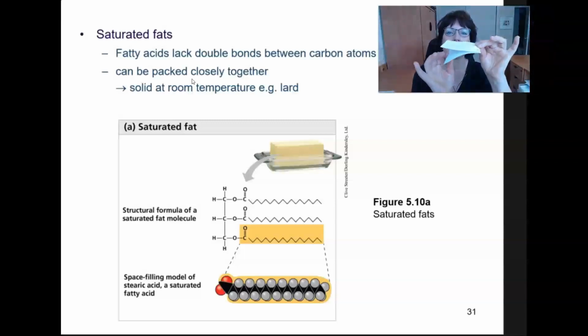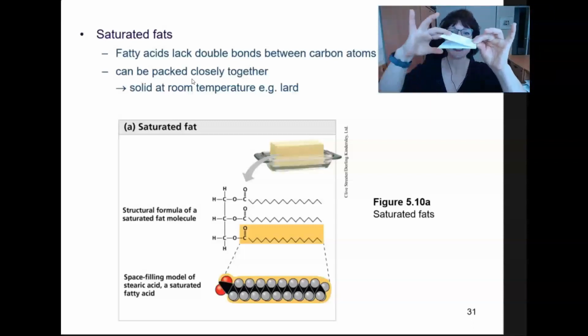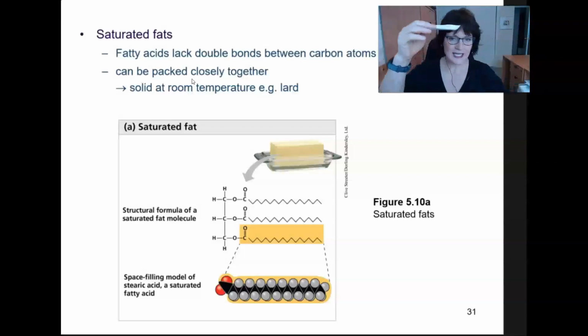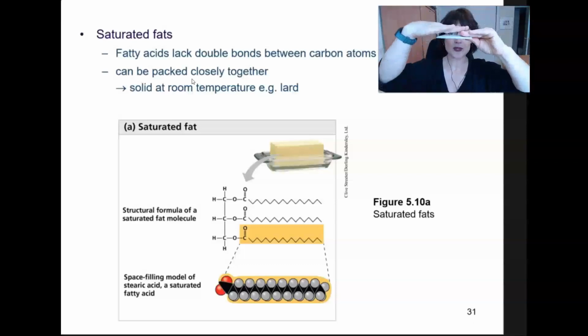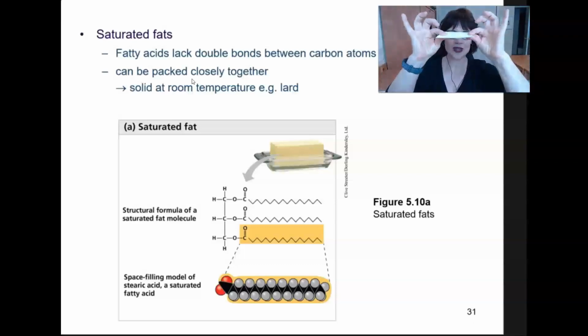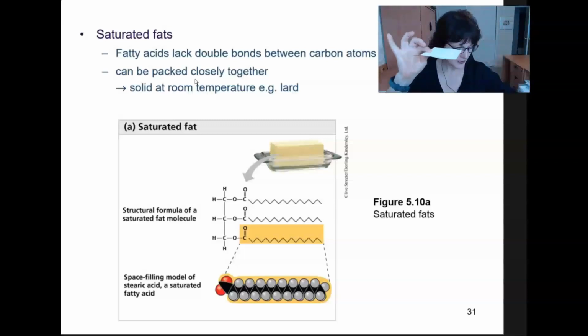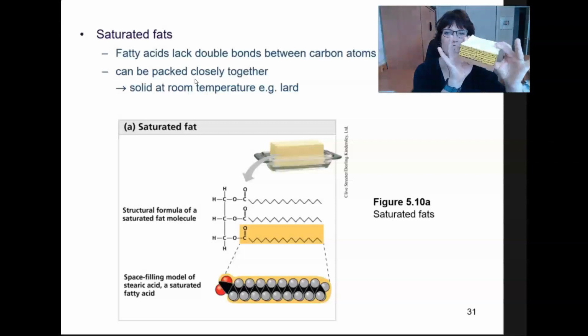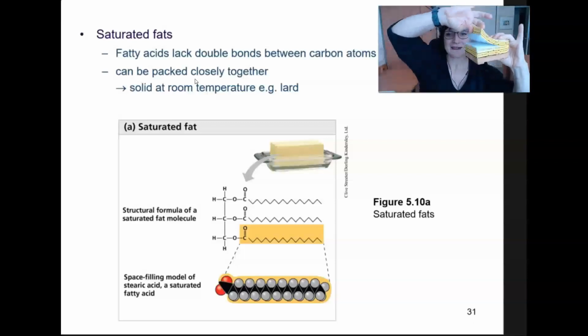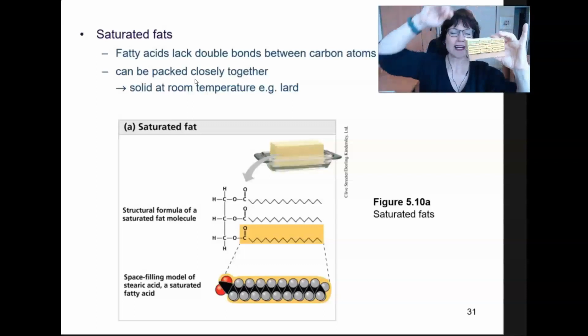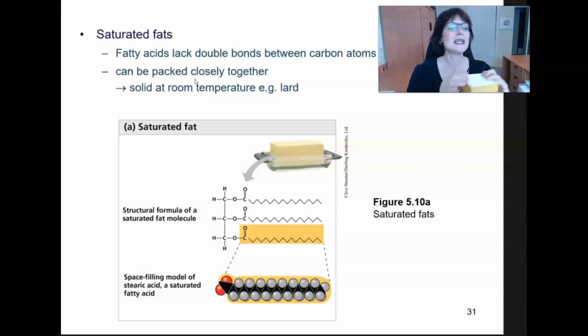Because of the structure of the fatty acid chains and the fact that they are planar, I think I used the term linear before, but they're planar, they can stack on top of each other, those 3 fatty acid chains, as so. And that explains why they tend to be more solid at room temperature. And here we have a solid set of saturated fats, composed of saturated fatty acids.